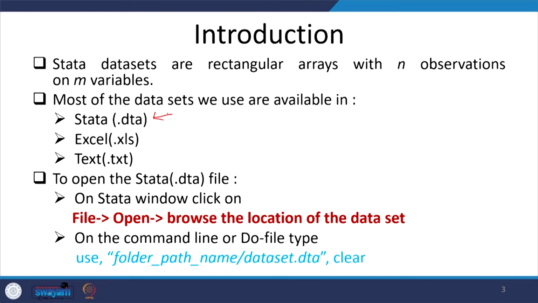Once you have done this, you can open your data, and that is for your use. Otherwise, in the command box on Stata, I am not going to show it through the Stata window, because we have already guided earlier. This is simply a repetition. Here you simply write in the command use, then the folder name.